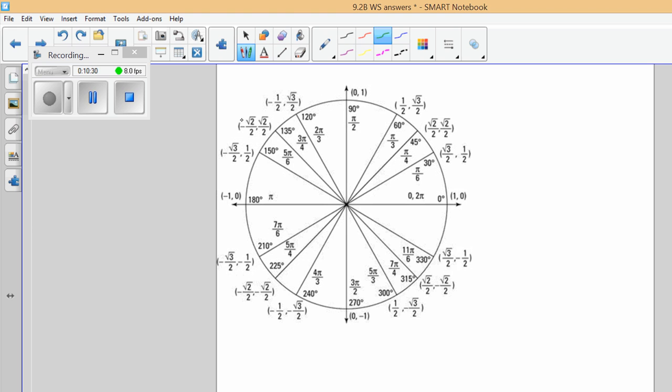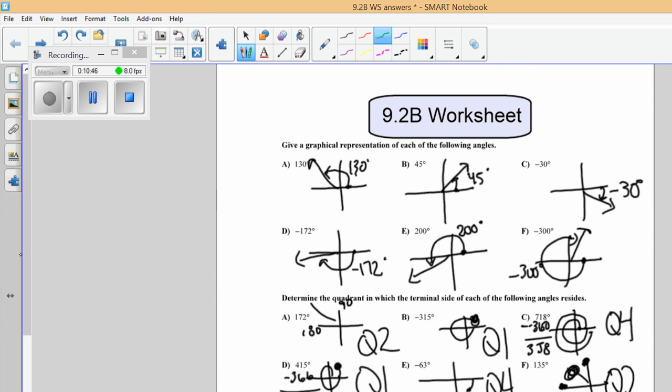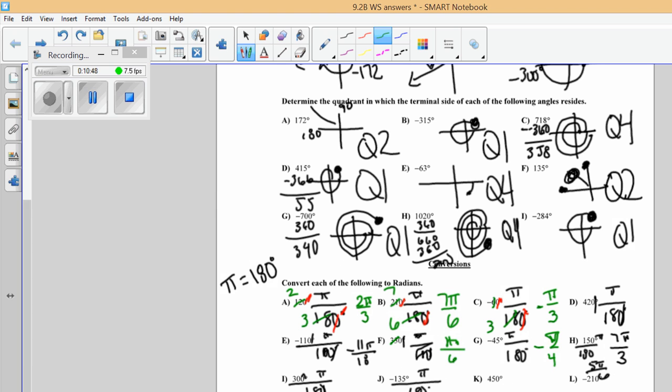So if 135 is right here, it's smack in the middle. So remember what that is? 45, 90, 135. How many units was that? 1, 2, 3 units. Wow, we're not even halfway done with this worksheet yet. Get back here, it's 3 units. So it's negative 3 pi over 4.